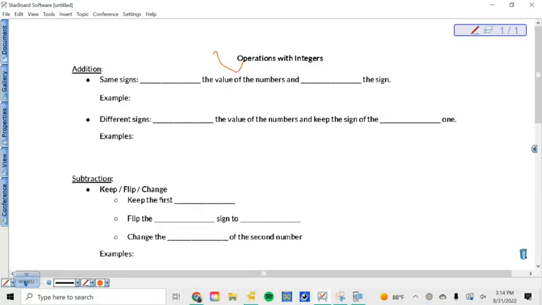What am I talking about? What are the four major operations? Adding, subtracting, multiplying, dividing. When I say integers, what am I talking about? Good. Yes, whole numbers.